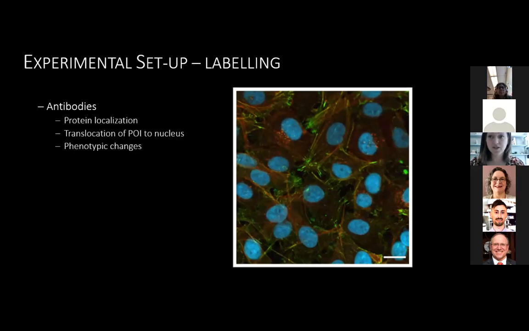Does it translocate to the nucleus at specific time points following a drug treatment? These are all things that you can do where you fix your cells at specific time points and label them with antibodies and image them to quantify that. You can also image the cells to look at phenotypic changes following drug treatments or in specific conditions.